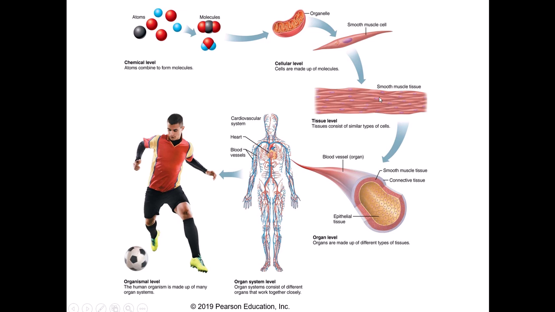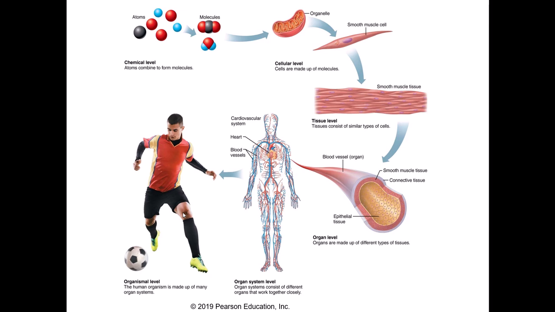If we have multiple types of tissues coming together, then we have an organ, like this blood vessel here. And if we have multiple organs coming together to cooperate to carry out some sort of function, then we have an organ system. And when we get multiple organ systems cooperating together, we have a whole organism.